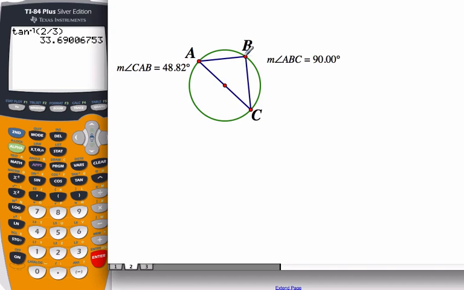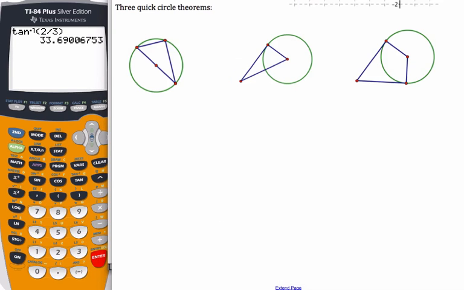But if I take B and rotate it, A is changing, but B is constant at 90 degrees. So when I have an angle across a diameter, it is always 90. That's one of our theorems. Because it goes through a diameter, this is 90 degrees, and so now I have a right triangle, and all my trig stuff works.